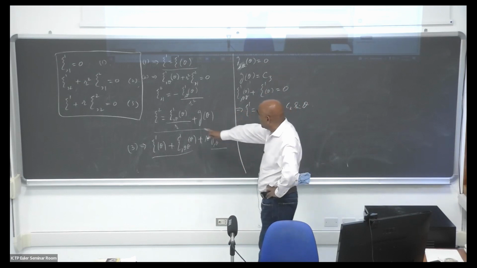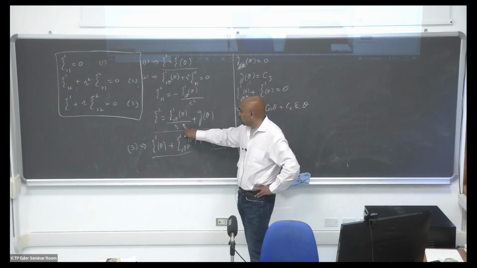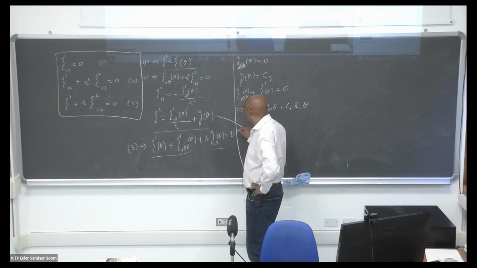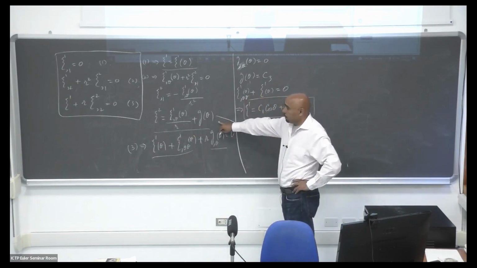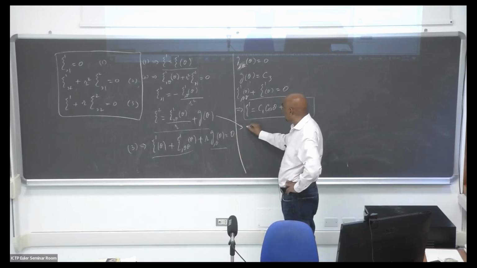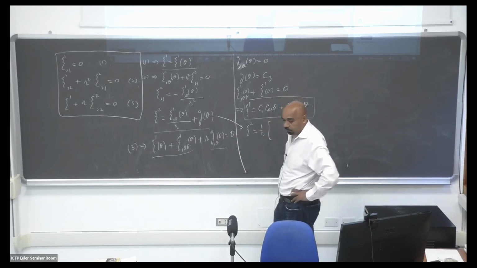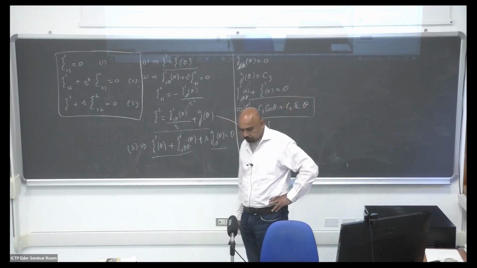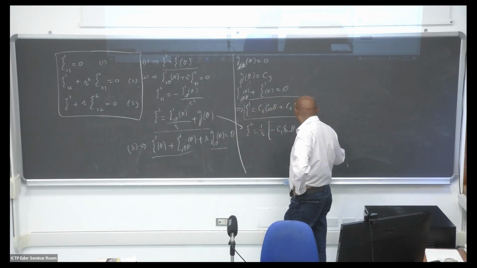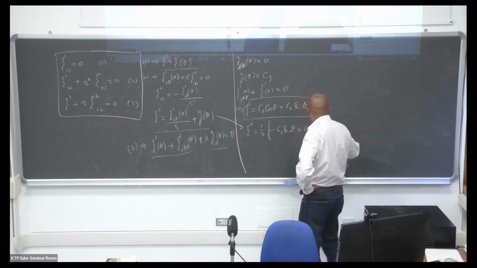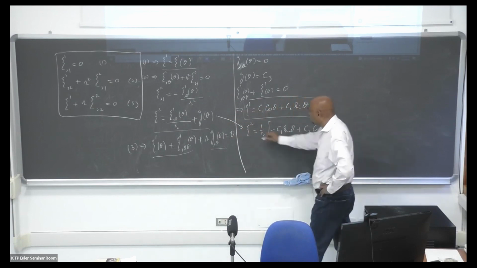And now this is the expression for xi1. xi2 can be written from here. So xi2 is 1 over r, and its derivative with respect to theta, minus c1 sin theta plus c2 cos theta plus c3.